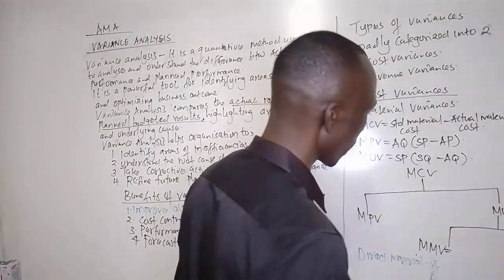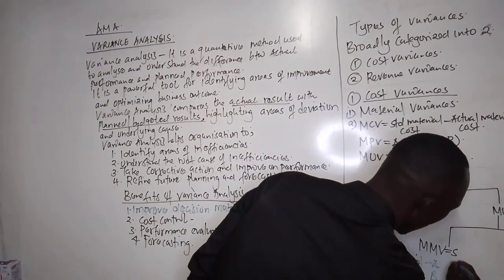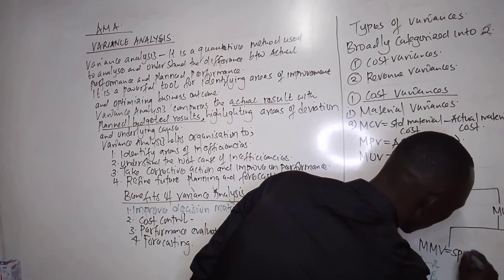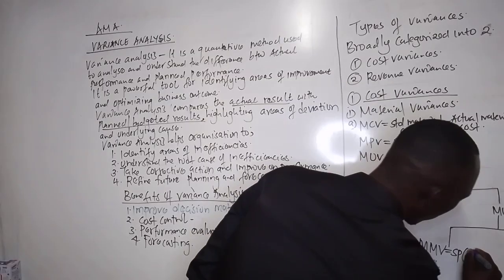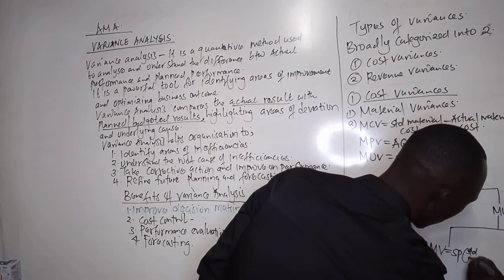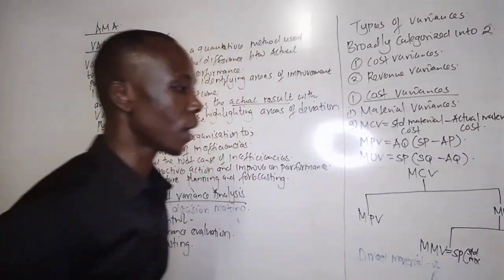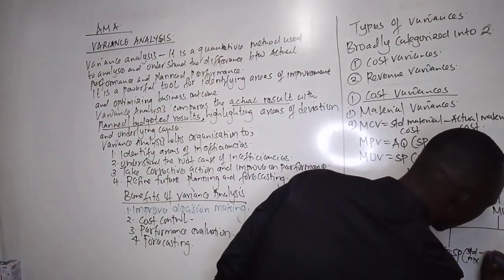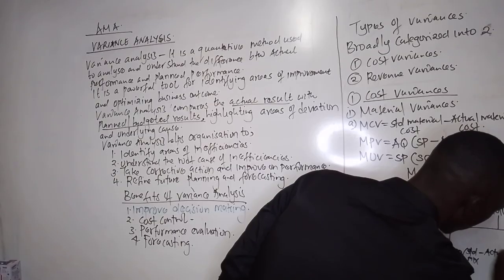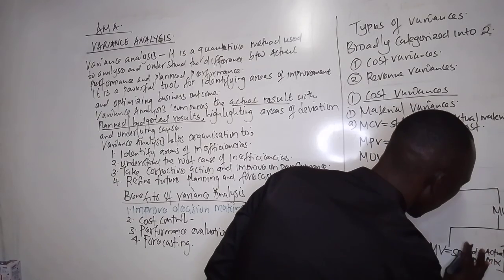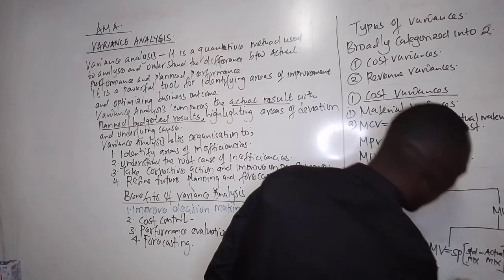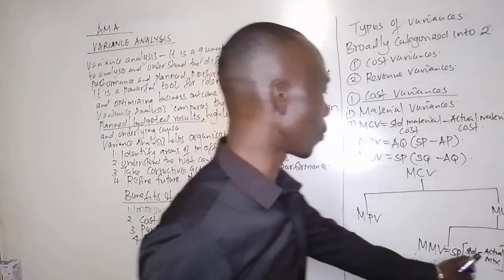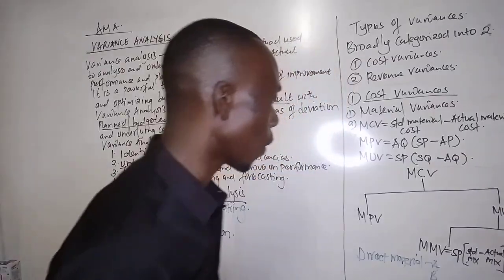The material mix variance is given by the standard price into the standard mix of actual input, then we less the actual mix.